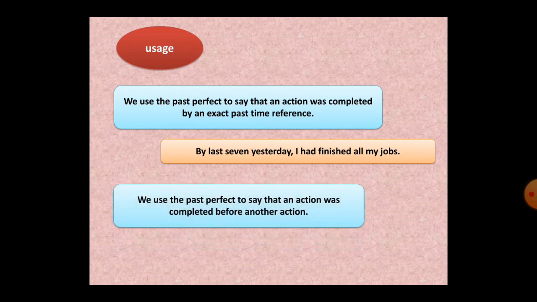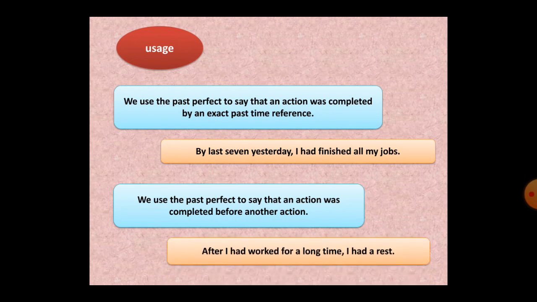We use the past perfect to say that an action was completed before another action, as I have just told you. After I had worked for a long time, I rested. Yeah, keywords. There are many keywords, and I hope that you will be focused on the following points.